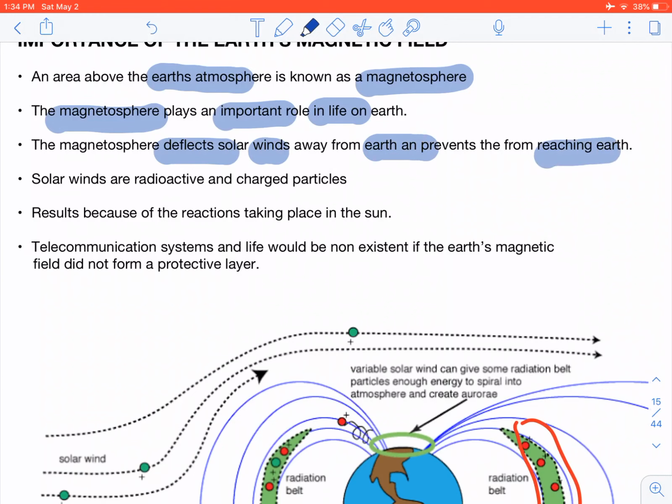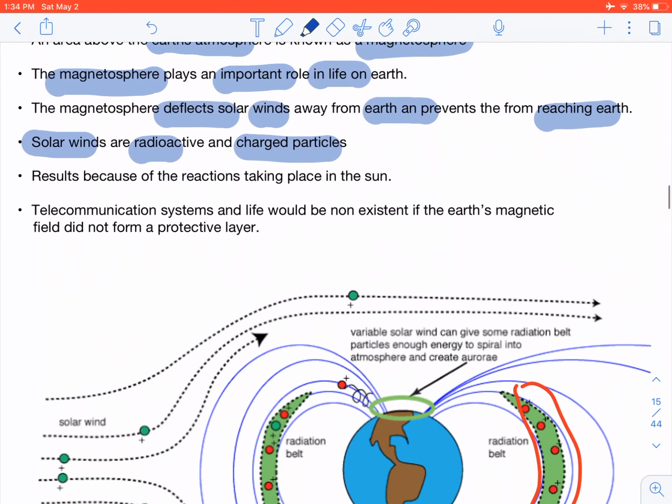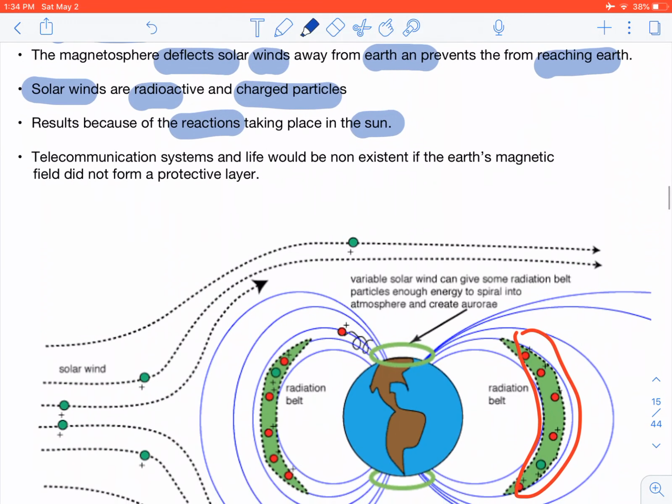Solar winds are radioactive and come from the sun. These are highly charged particles with a lot of energy, resulting from reactions in the sun. Telecommunication systems and life would be non-existent if the Earth's magnetic field did not form a protective layer.